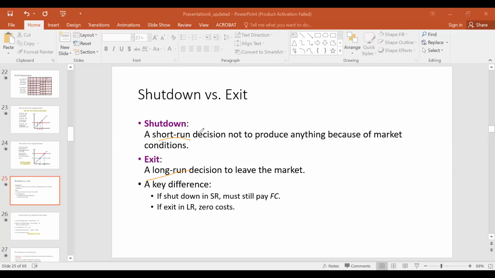Another key difference: when I hear the word shut down, it is definitely a short run thing, and you will still pay for the factory, your fixed cost, or your land. But when you exit, of course, you don't pay anything. So you give the land back to the owner, the factory back, and so on.